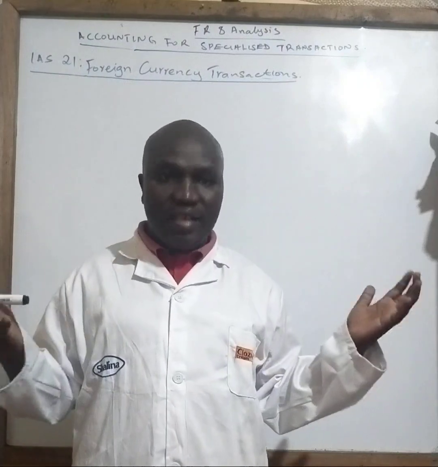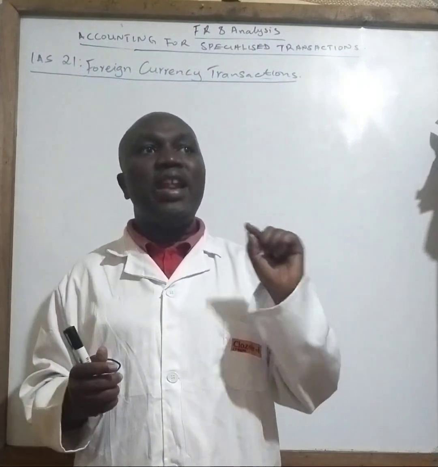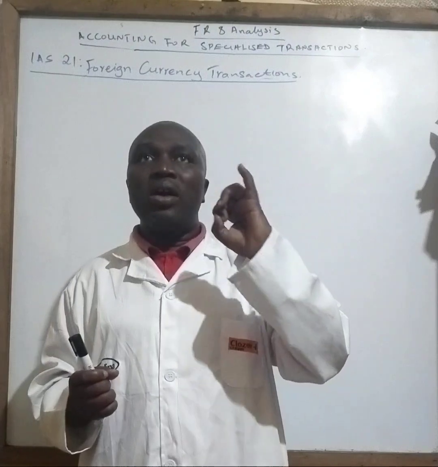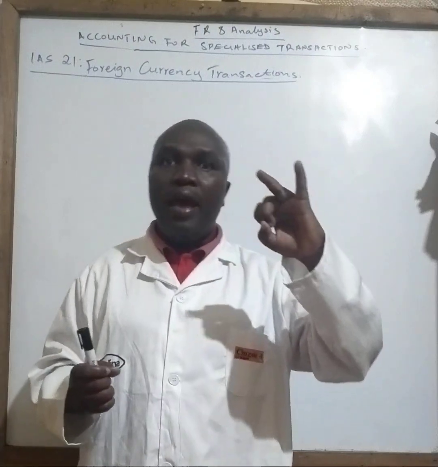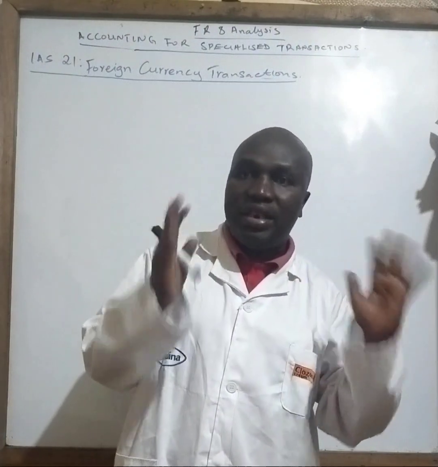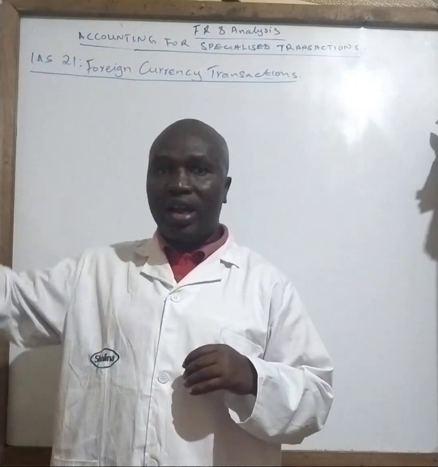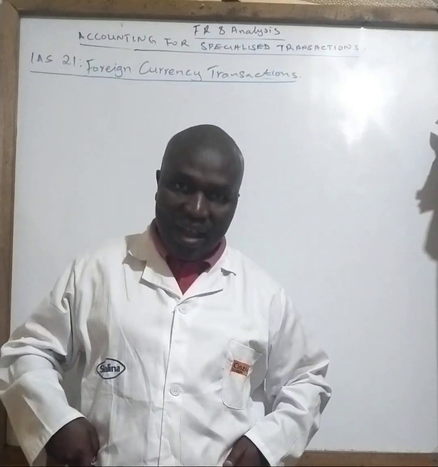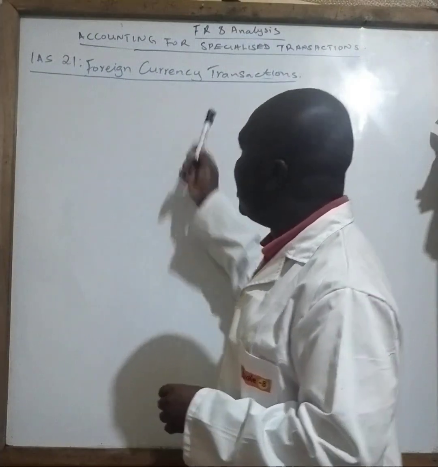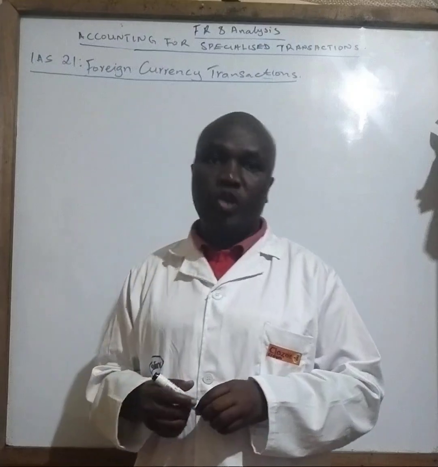And that is where the challenge comes in. If the local, foreign or functional currency is not properly handled, there will be an error when it comes to presentation currency. That is why this particular topic, IAS 21, is there.